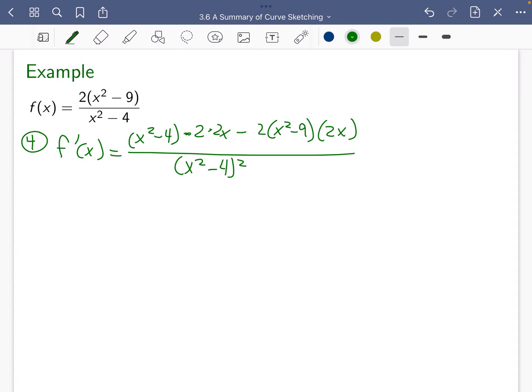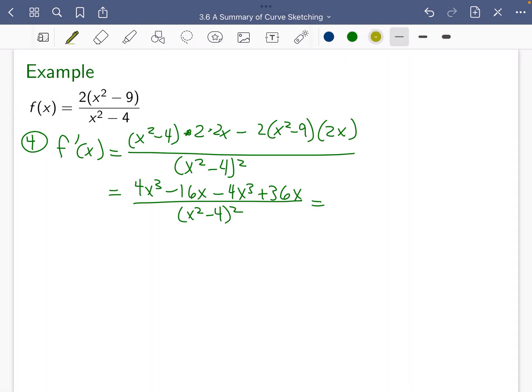And if we go through and multiply things out, we're going to have, let's see, so this was a multiplication sign right there. So we have 4x cubed minus 16x minus 4x cubed plus 36x, all over x squared minus 4 squared.